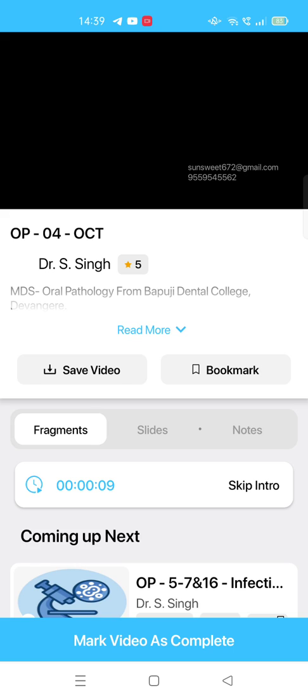Moreover, the basal layer will not show a row of tombstone appearance, or picket fence appearance. These are the major differences between OOC, the orthokeratinized variant, and the parakeratinized variant.